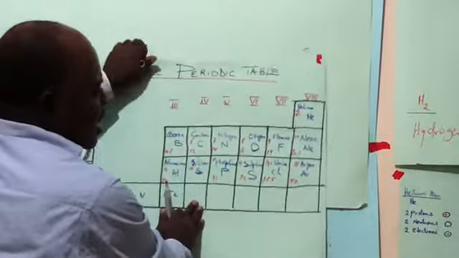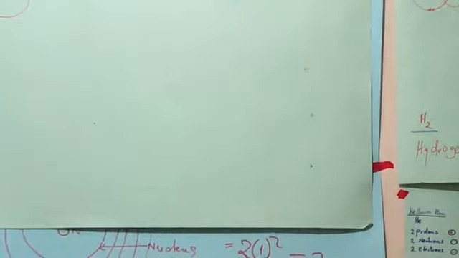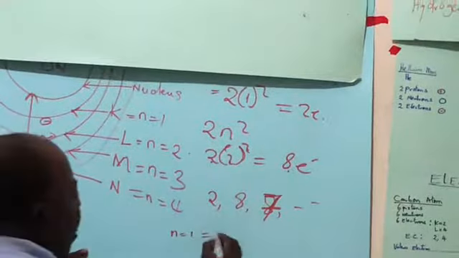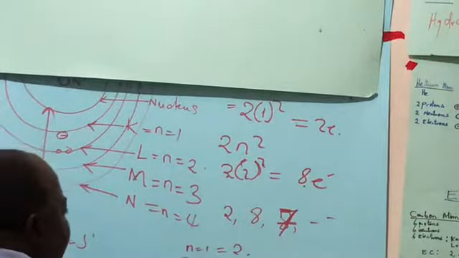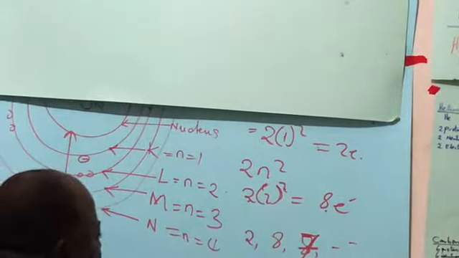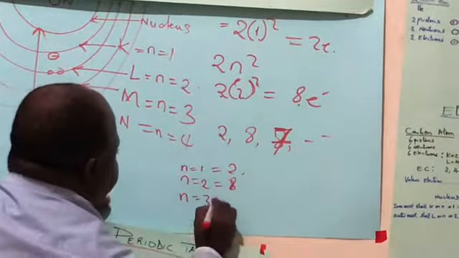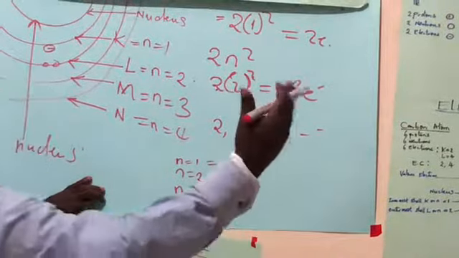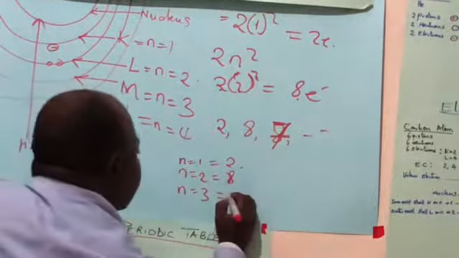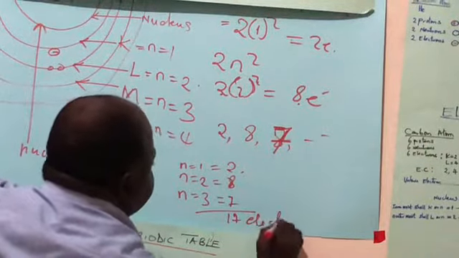If we arrange these electrons, the first shell, n equals 1, will have 2 electrons. N equals 2 will definitely have 8 electrons, making a total of 10 electrons. Then n equals 3: there are 17 electrons and we already have 10. What will now be left? 7 electrons, making a total of 17 electrons.